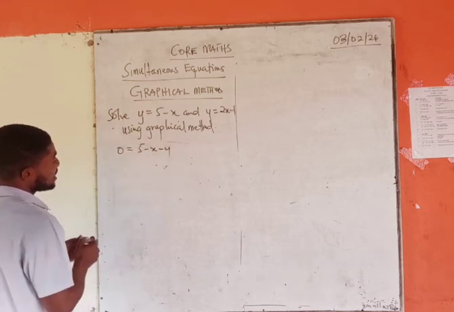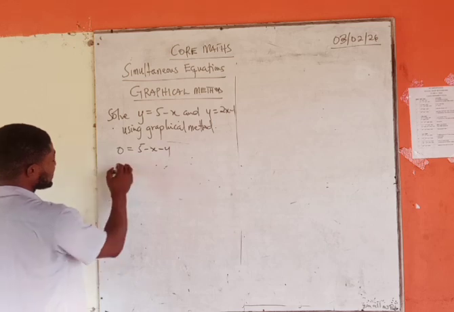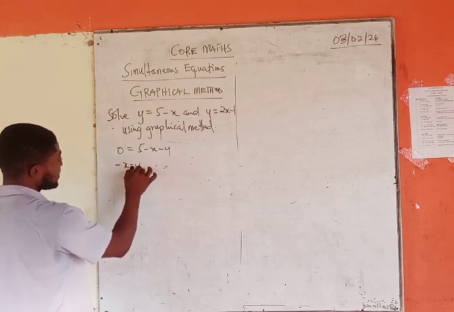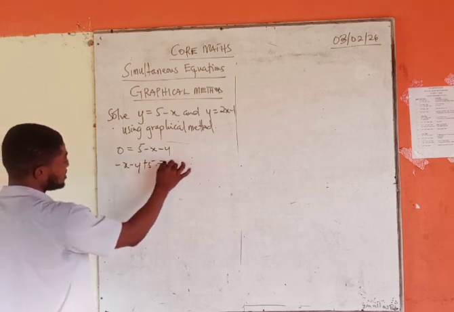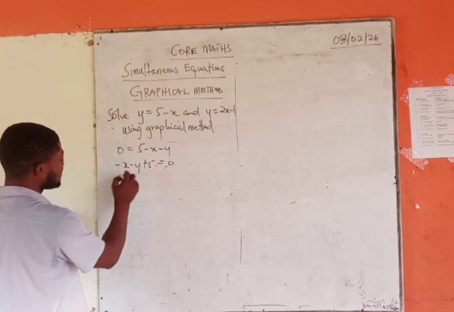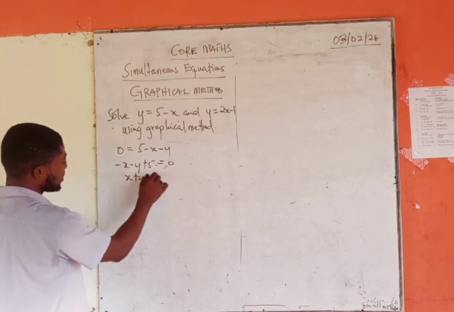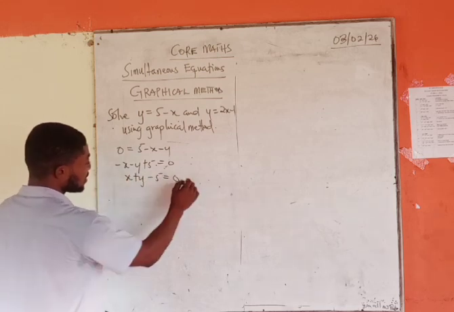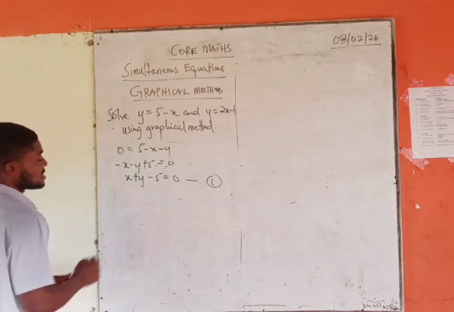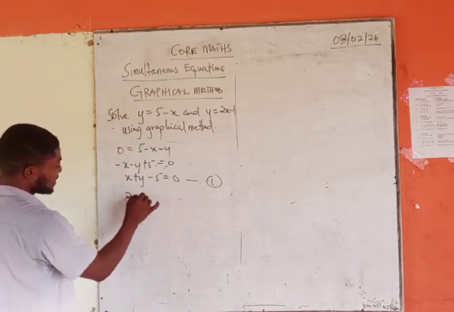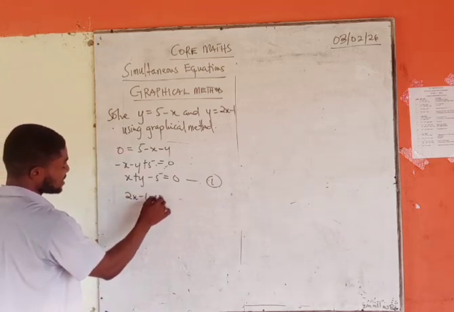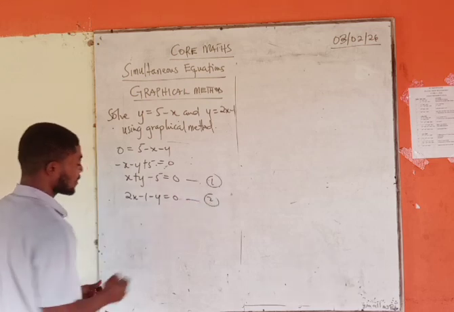We can arrange it better as minus x minus y plus 5 is equal to 0. You can divide by negative so that we get x plus y minus 5 is equal to 0. We name this equation 1. The second one, 2x minus 1 minus y is equal to 0, is equation 2.